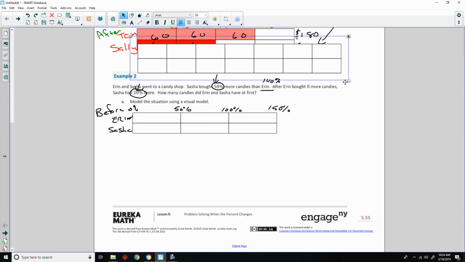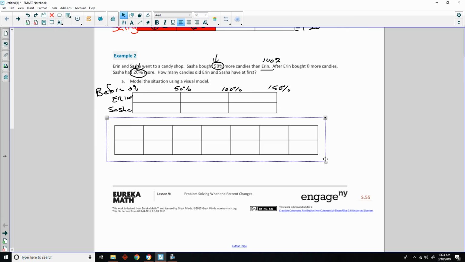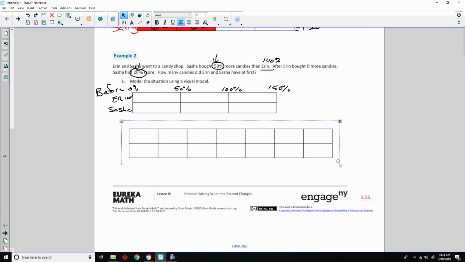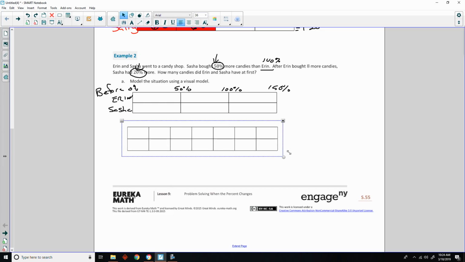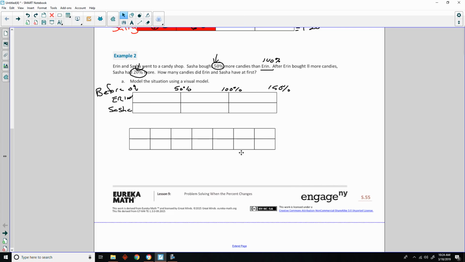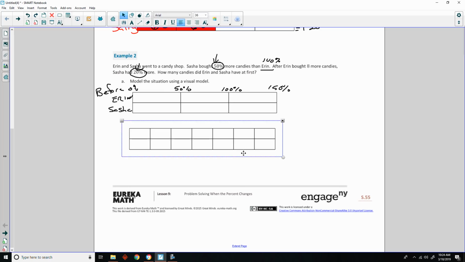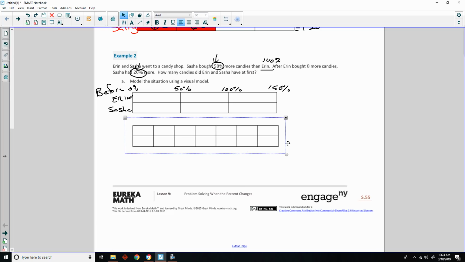So now I use this table and bring it down here. I'm going to make these the same length, close to the same as I can. So I'll start that one there, and I'll make them the same length, like so.